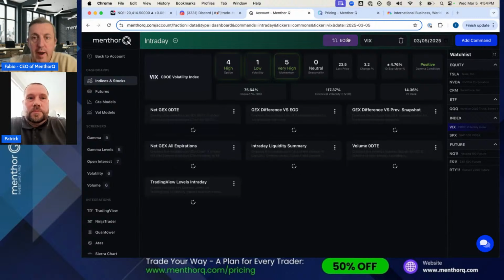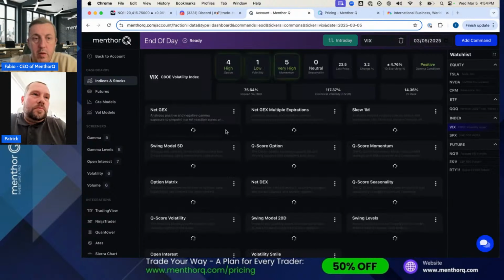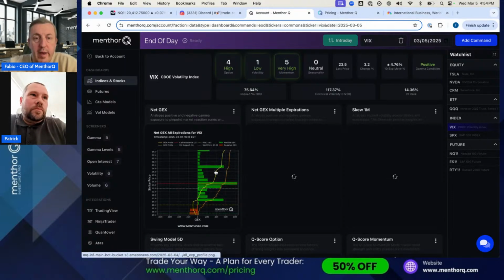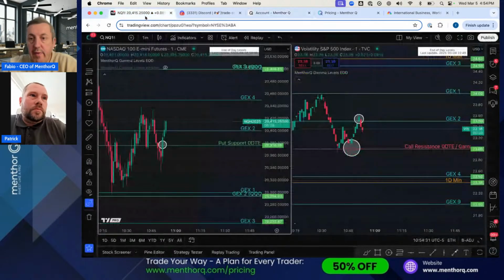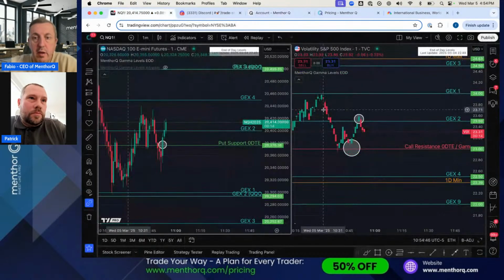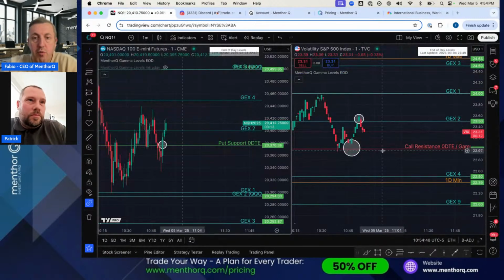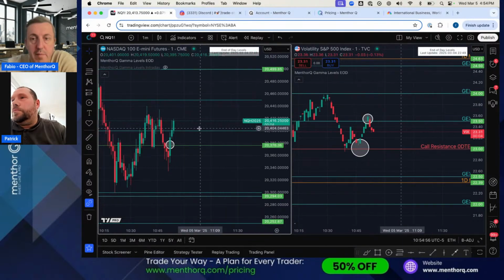If we go back to our end of day, then we can look at the VIX and see basically where our GEX2 was, which was at 2350. And basically 2350 is this level right here. So this strong level, look at how strong this body is. Strong reaction, move to the downside. Now we are trying to see if we can go back to core resistance or break up above there. But yeah, very important to watch both.